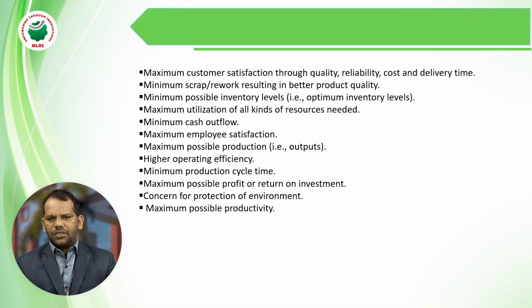Without using quality material in the production process, we are not able to convert it into the final output. So, maximum customer satisfaction through quality, reliability, cost and delivery time. If you want to produce goods and services with the help of all the input factors of production, it is quality.